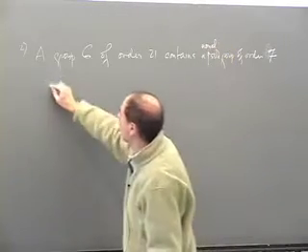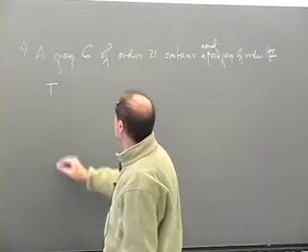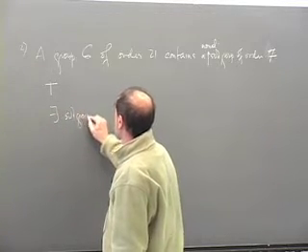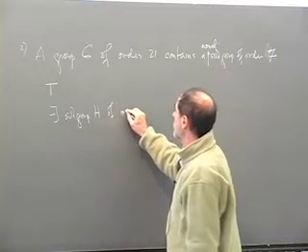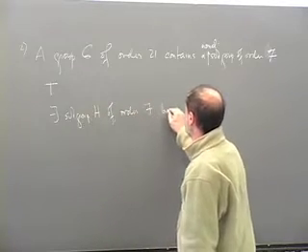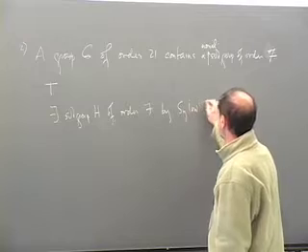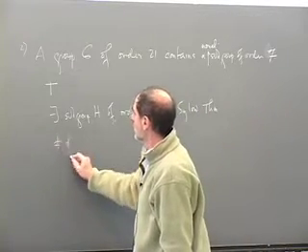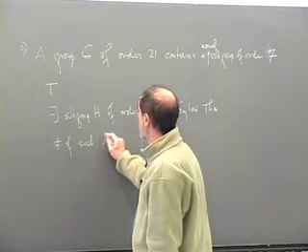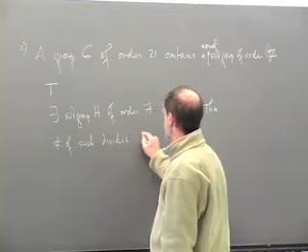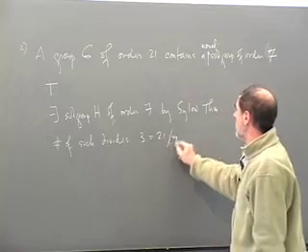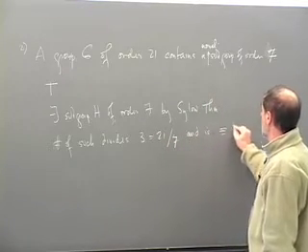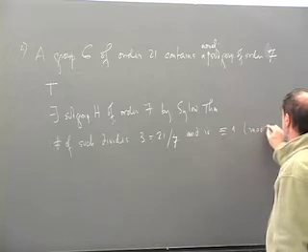And then you'd say true, and the proof would be: there exists a subgroup H of order 7 by the Sylow theorem. The number of such subgroups divides 3, which is 21 divided by 7, the index, and is congruent to 1 mod 7.